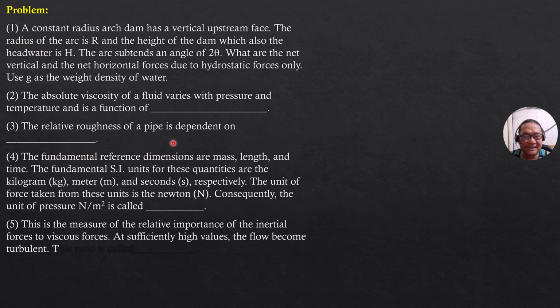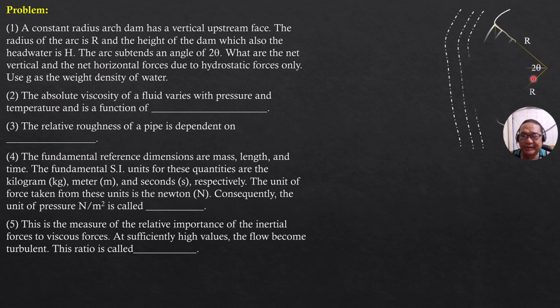So for the first problem, let's have an illustration to help analyze the situation. This is the plan, the top view of the arc dam. This is the arc dam. This part of the crest may be the roadway. The radius of the arc is denoted by R here for the outer arc. And take note, this is vertical.